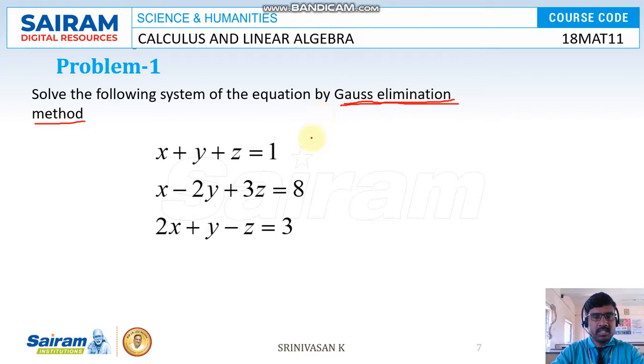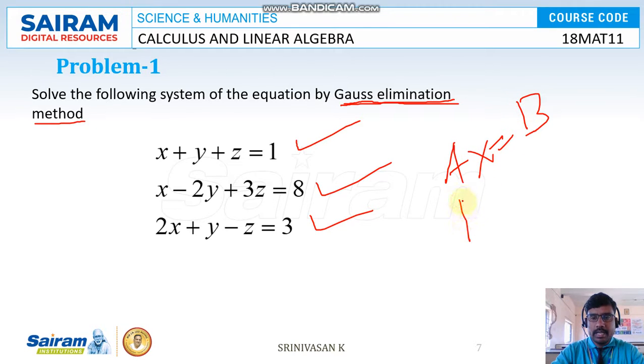So this is the system of equations: x plus y plus z equal to 1, another equation is x minus 2y plus 3z equal to 8, and another equation 2x plus y minus z. Now the form of the equation is AX equal to B. Here, what is A? A is the coefficient matrix.